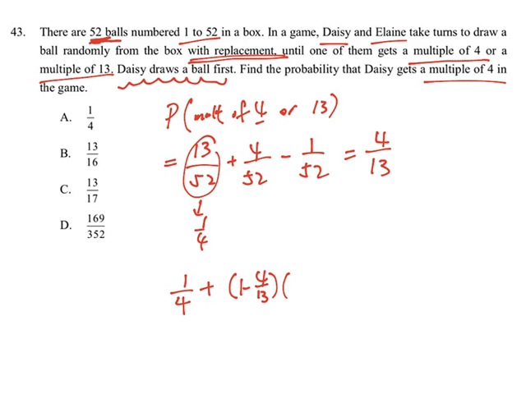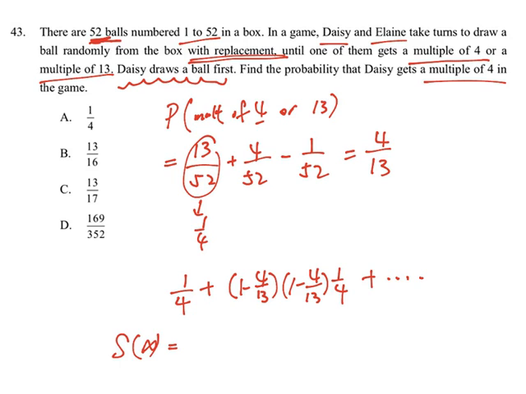The second choice is Elaine, who also can't get 4 or 13. Then the next one is Daisy again, and so on to infinity. So actually it is a sum to infinity.